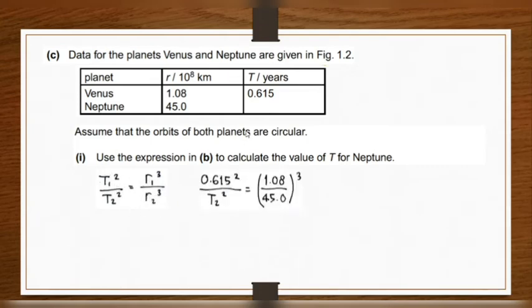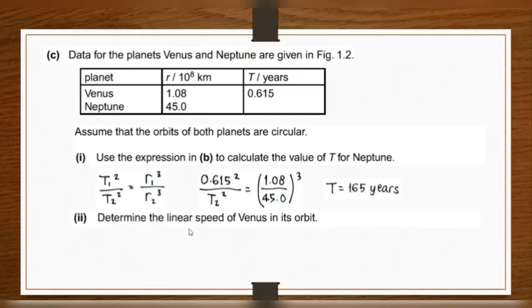T1 belongs to Venus, and this r1 belongs to Venus also, and T2 belongs to Neptune. This is what we are going to calculate. r2 belongs to Neptune. So we have T2, which is 165 years.